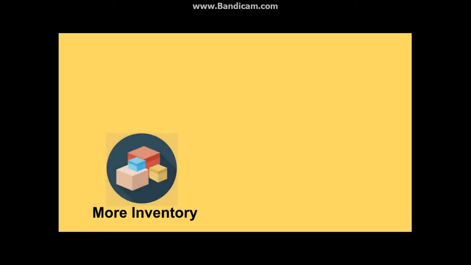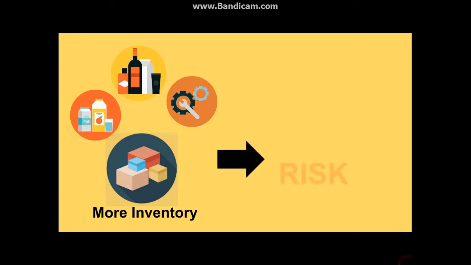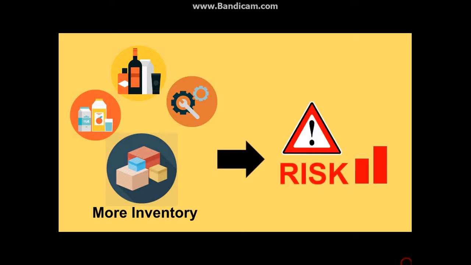The concept here is that the more inventory you hold, the more risk you take on, because holding inventory is about money. So that could be the risk that you're holding.